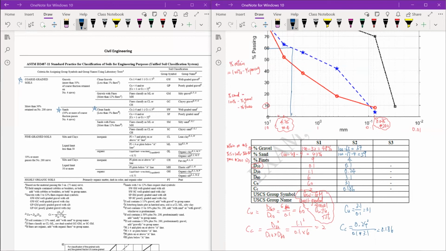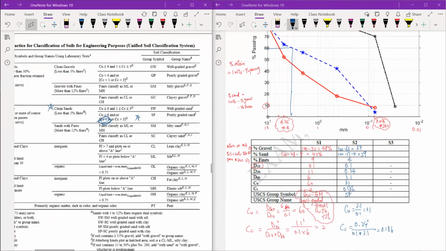It is the case, but this is an "and" condition. In this case, our C sub C is not in between 1 and 3, so it is less than 1. So it is a poorly graded material.